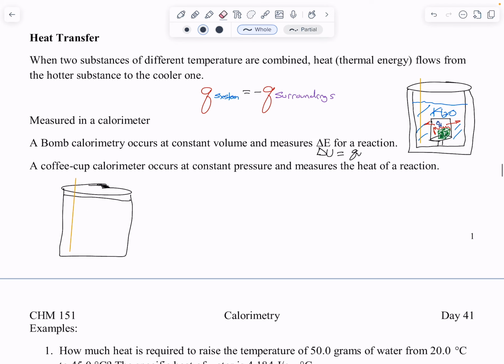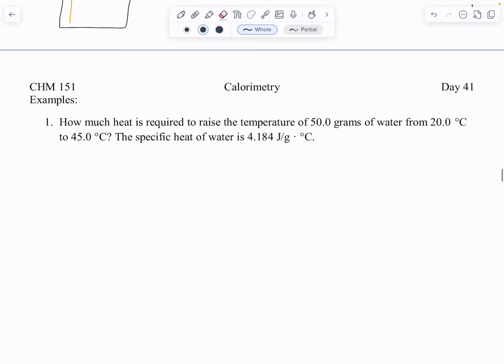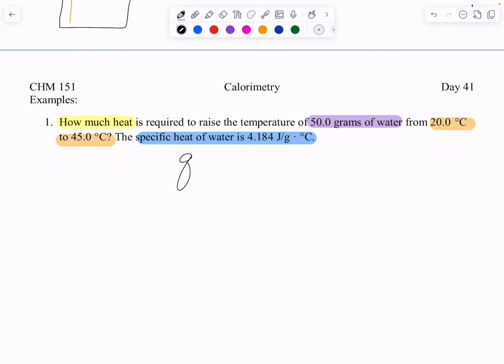So for example, let's do a couple examples with calorimetry. First one, how much heat is required to raise the temperature of 50 grams of water from 20 degrees Celsius to 45? And it gives you the specific heat of water is 4.184. So this is Q equals MC delta T. Q is what we're looking for.